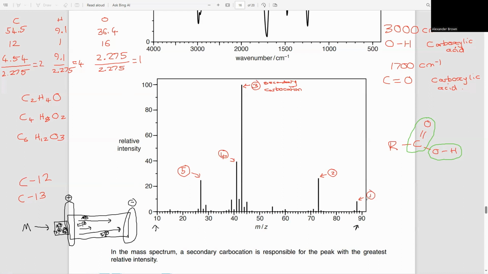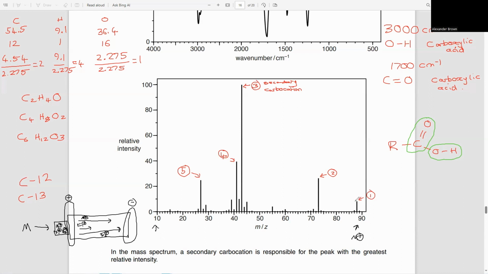So this one here always refers to our M plus, the mass of the fragment or the molecule before fragmentation. In this case, the one here refers to our M plus.